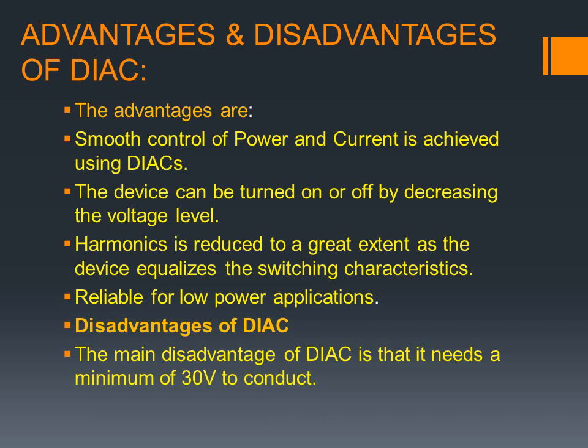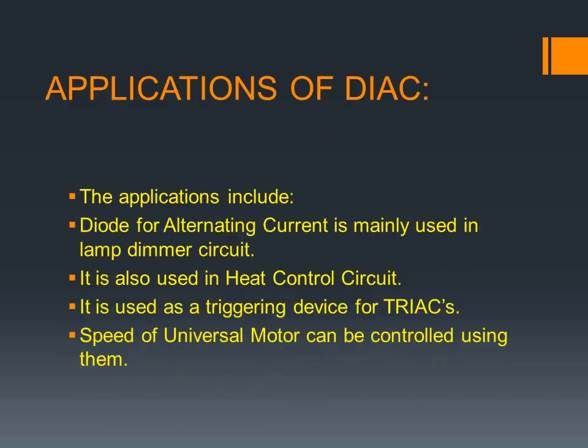Then the next, harmonics is reduced to a great extent. The harmonics means the disturbances. And the last is it is reliable for low power applications. The main disadvantage of the diac is that it requires minimum 30 volt to conduct.